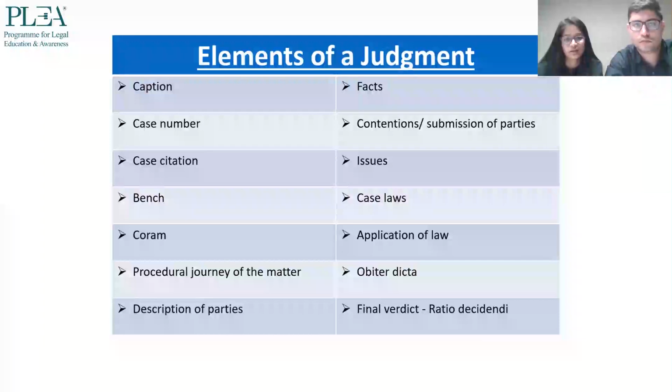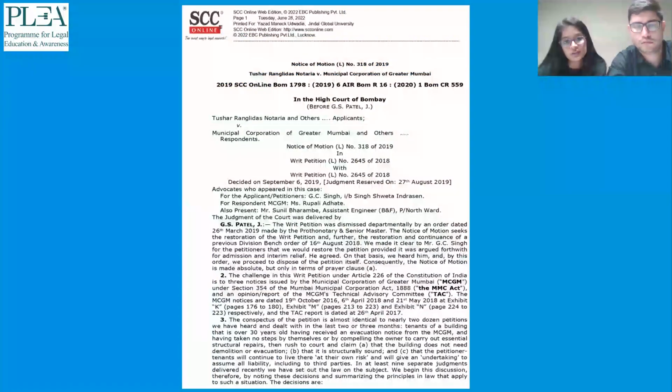Now, the next element can be description of parties and facts. Description of parties will be what the plaintiff is, supposing the plaintiff is a company or an individual. This is not found in every judgment, but in most judgments you will find it, because a description of the parties will tell you who the plaintiffs are and who the respondents are.